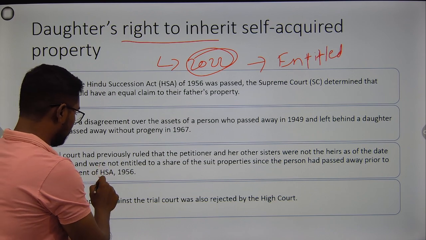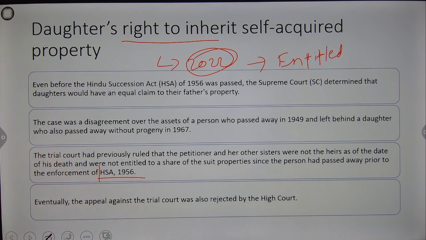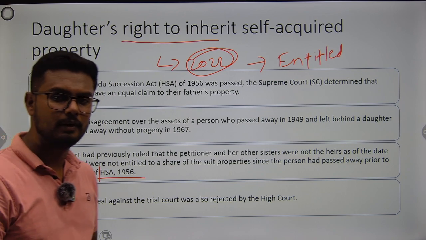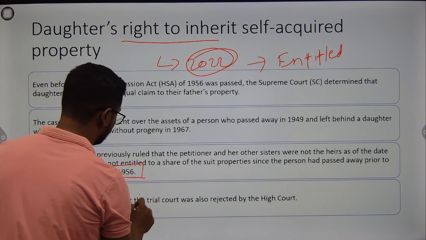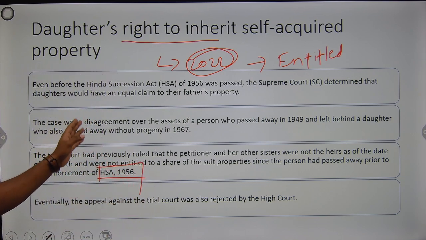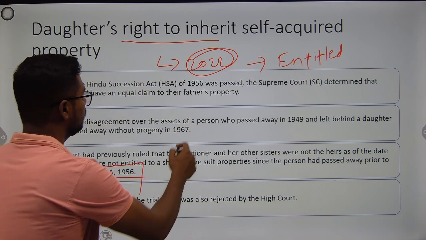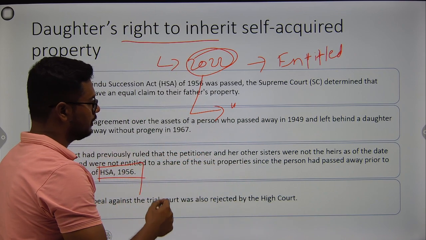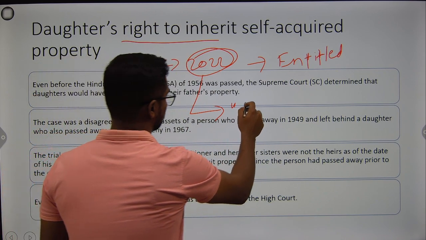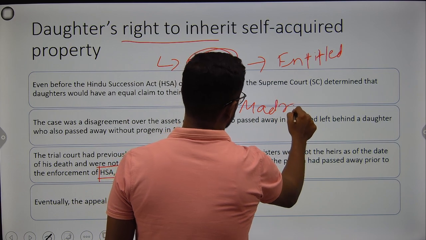With the introduction of the Hindu Succession Act, even daughters were given the right to inherit their parents' property, but that has now once again been clarified or confirmed by the Supreme Court of India in 2022 with respect to a verdict which was passed by Madras High Court.